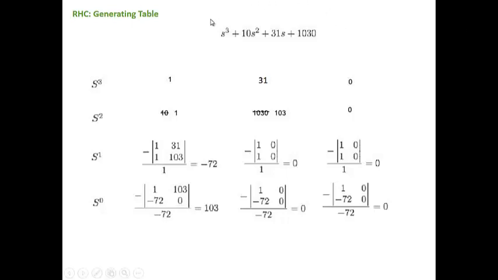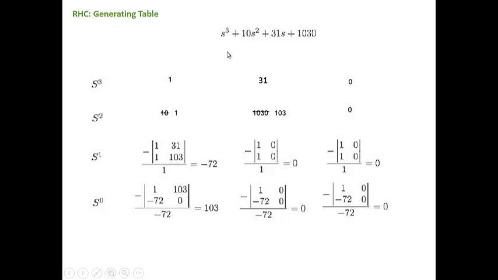Okay, so kita pergi pada contoh supaya nampak lebih jelas. So this is the question that you get. Okay, s^3 plus 10 s^2 tambah 31 s tambah 1030. So from here you susun balik seperti yang kita bincang tadi. So the highest order is s^3, s^2, s^1 and s^0, susunan secara menurun. So from here, the second tip is you susun the term di depan setiap coefficient ini, secara susunan macam ini.